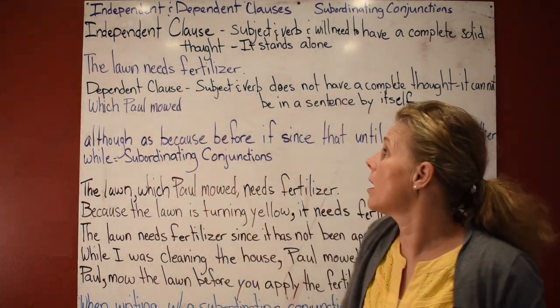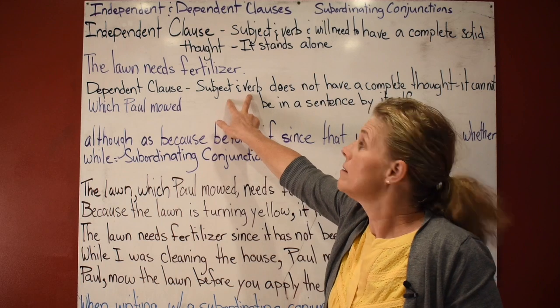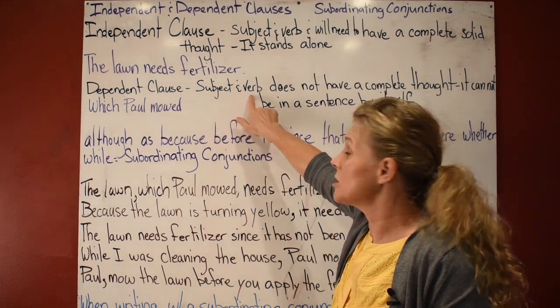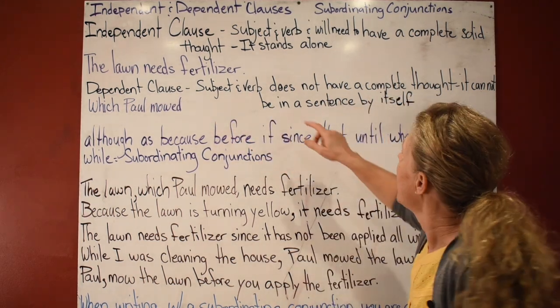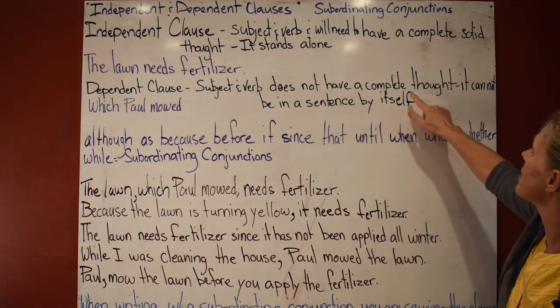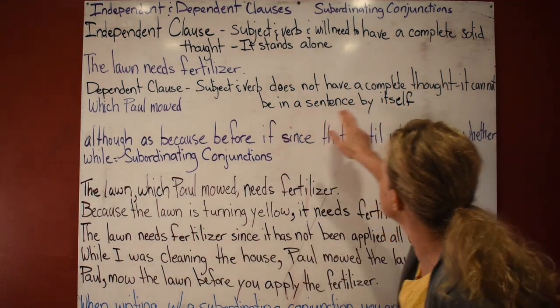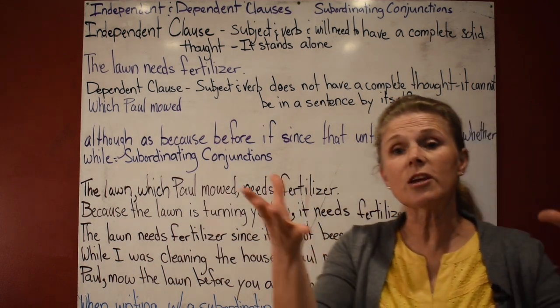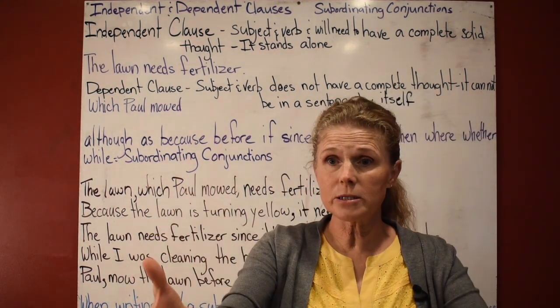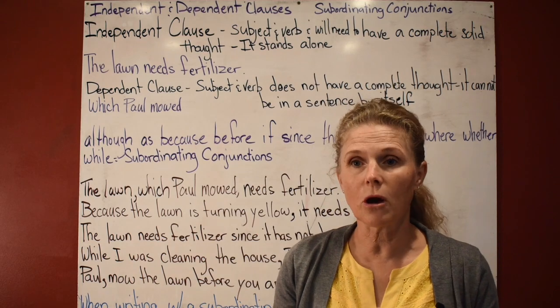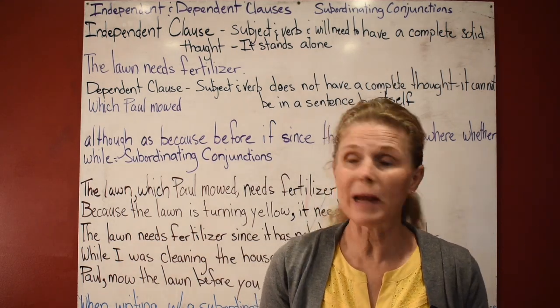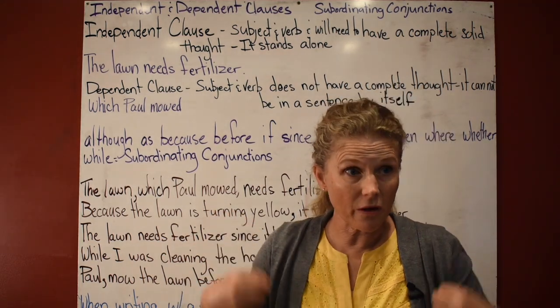So dependent clauses, they have to have a subject and a verb also, and it does not have a complete thought. It cannot be in a sentence all by itself. So just like you cannot be out on your own because you are not an adult, you are our dependent, you have to be with us.